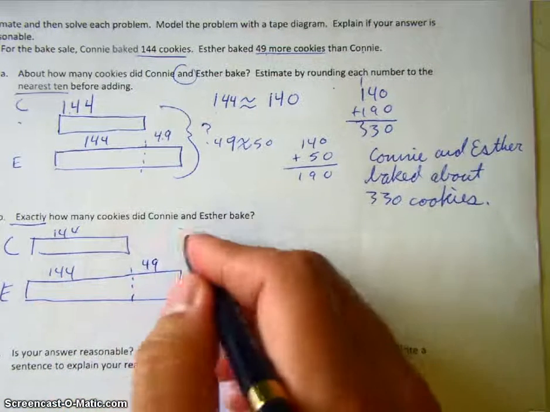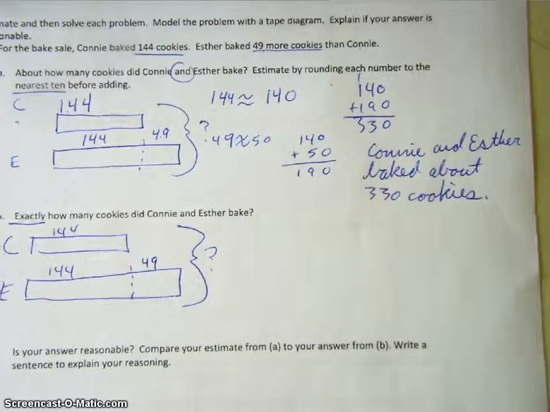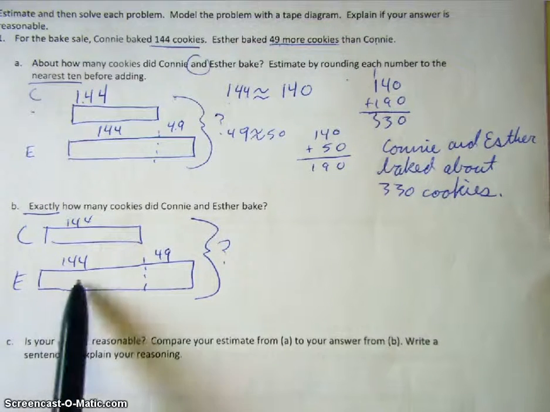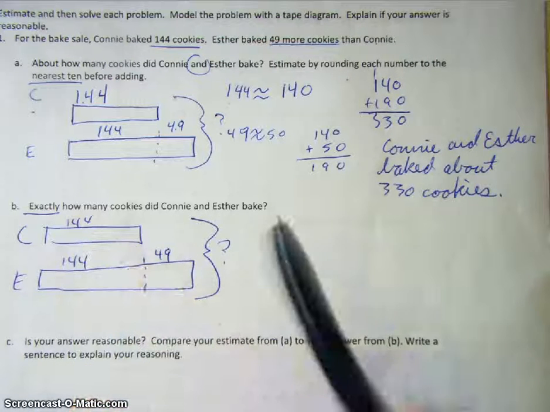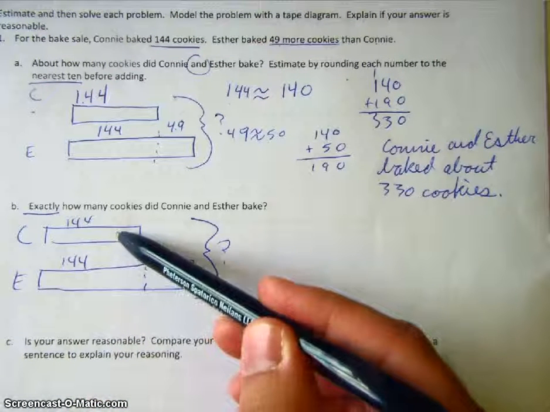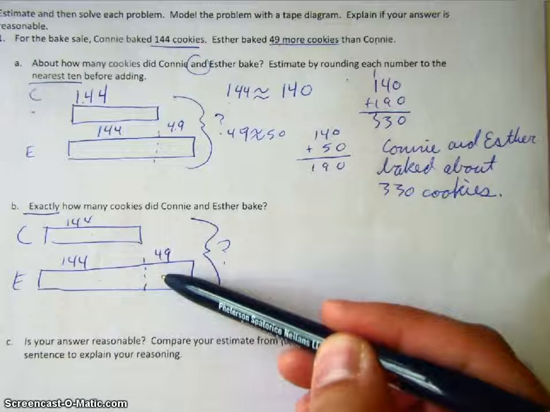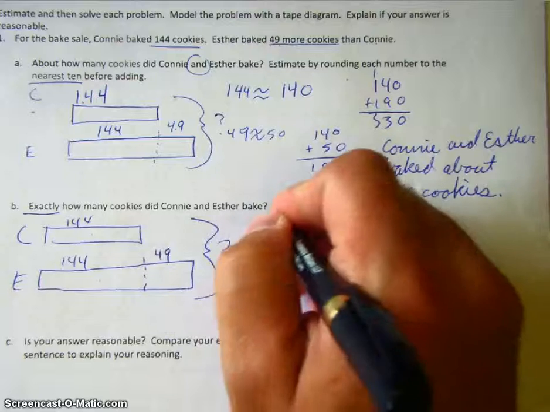Okay, and again we want the exact number this time, so we need to find this total. Okay, so a couple ways we could solve this. Okay, we could find Esther's total, then add it to Connie's. What I'm going to do though is I see that I have 144 here, I have 144 here, and then I have 49 here. So I'm actually just going to add up those three numbers and save us a step.